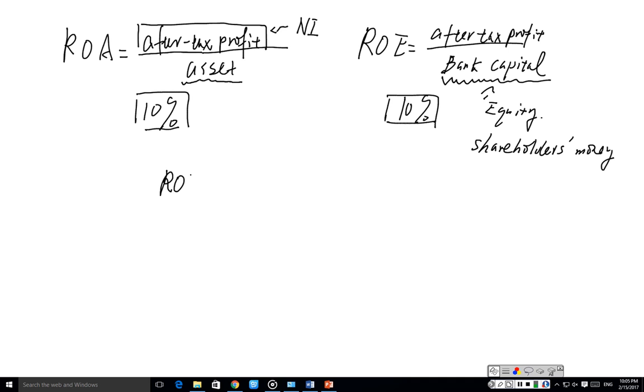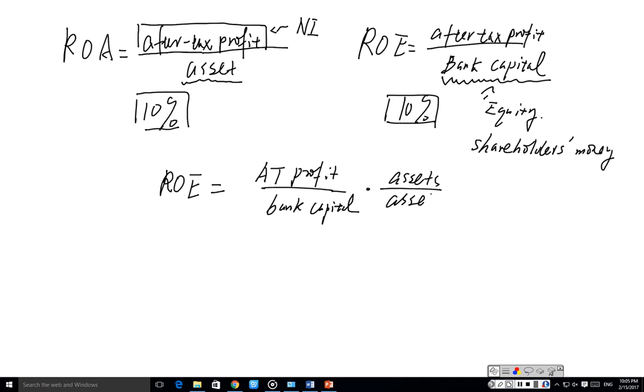So now I will derive this for you. We know ROE equals the after-tax profit divided by bank capital. To keep this equation the same, we can multiply by asset divided by asset.